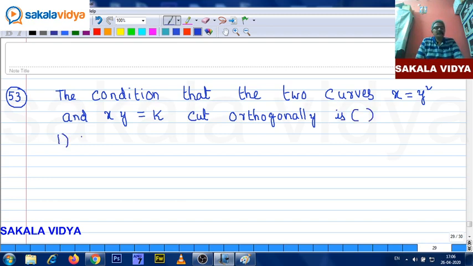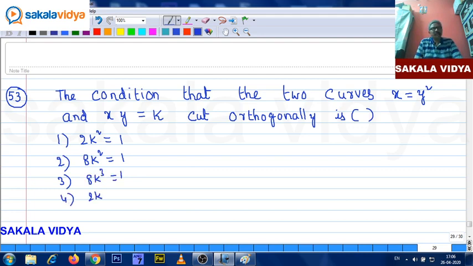First option 2k square is equal to 1, second option 8k square is equal to 1, third option is 8k cube is equal to 1, fourth option is 2k cube is equal to 1.